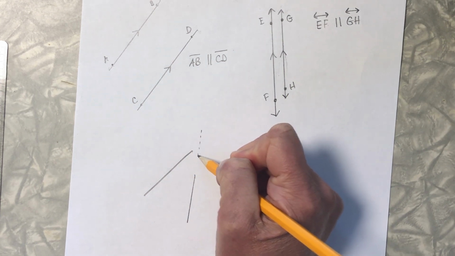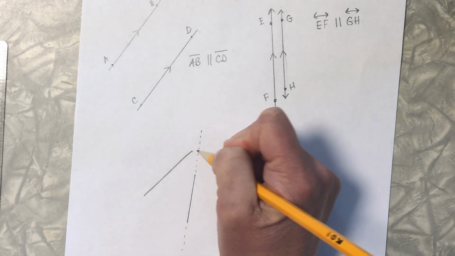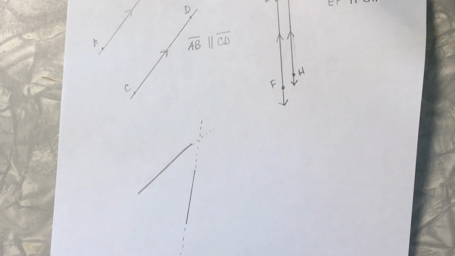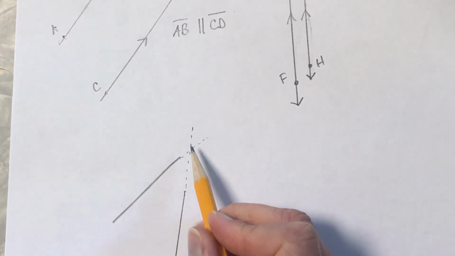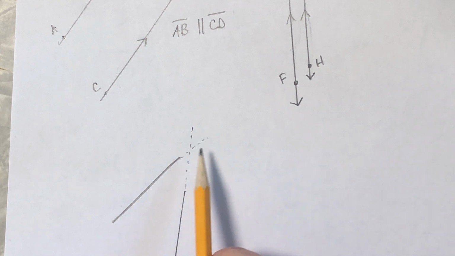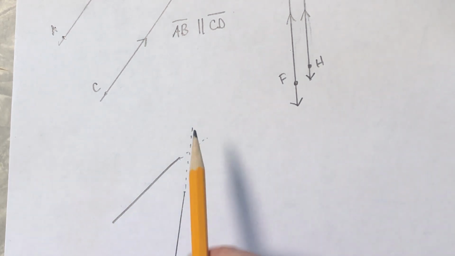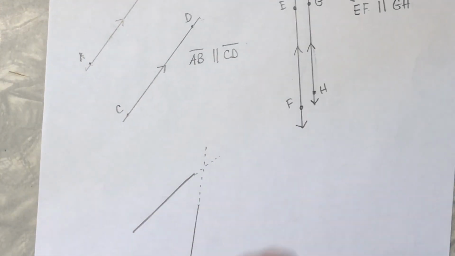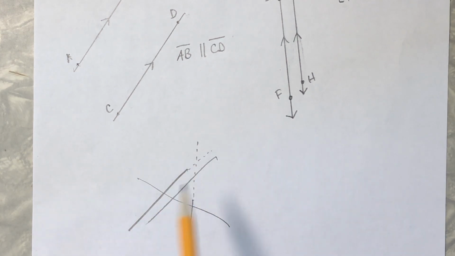So I'm just going to take my pencil and I'm going to extend these lines just a little bit, and I'm going to see what would happen if they did continue going on. Are they going to eventually intersect? Yes, they sure are. So these lines are not parallel. This is a great example of not parallel.